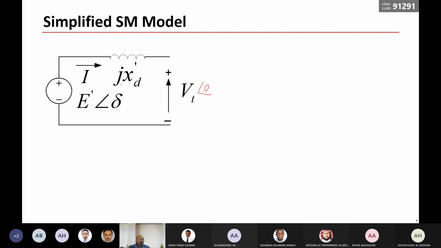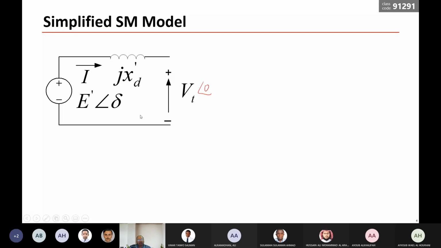And this is the direct axis transient reactance, XD prime, and this is the current. Or you can say it's the synchronous impedance for the time being. But when we say synchronous, we mean steady state. When we have a transient, this is the transient reactance.